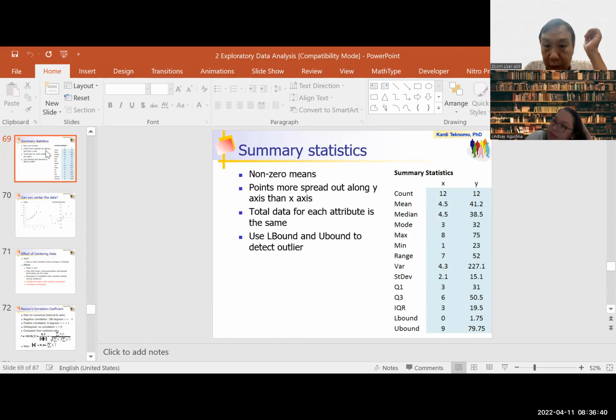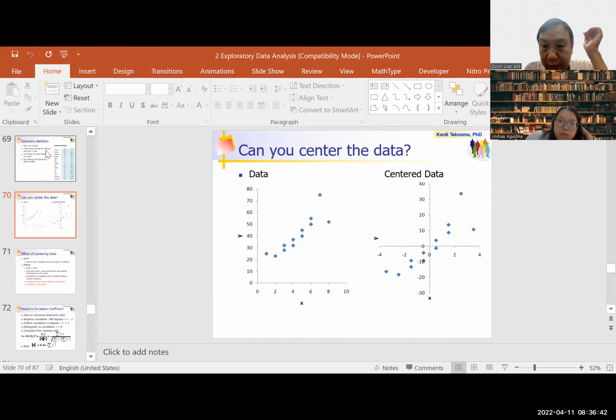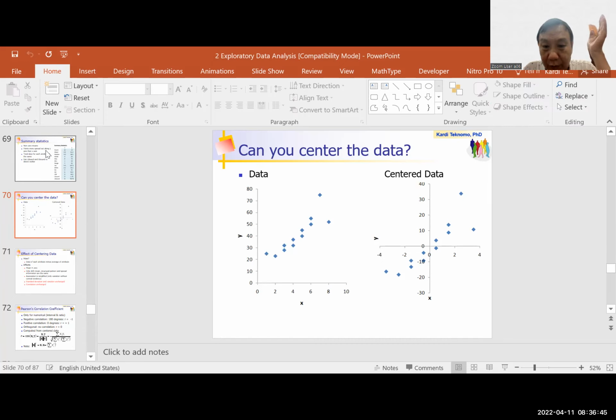Suppose you have data like this, and what you do is center the data. How do you center the data? By subtracting the mean from each variable of the data. When you center the data, the centered data will have zero as the origin.